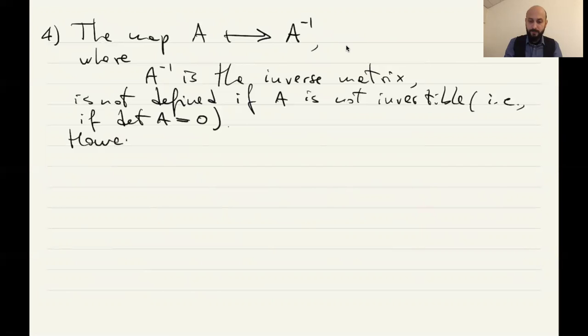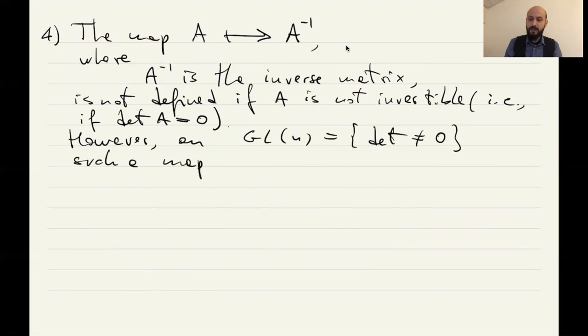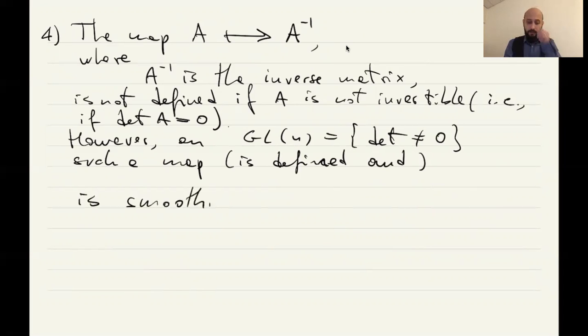However, on GL_n, which is exactly where the determinant is different than 0, such a map is defined and is smooth. Why?